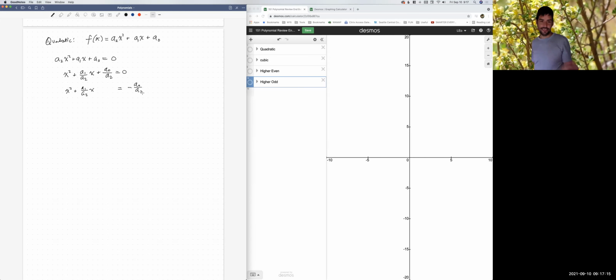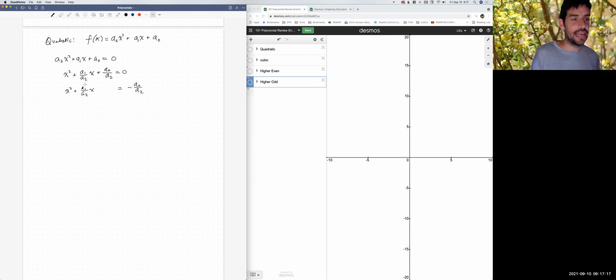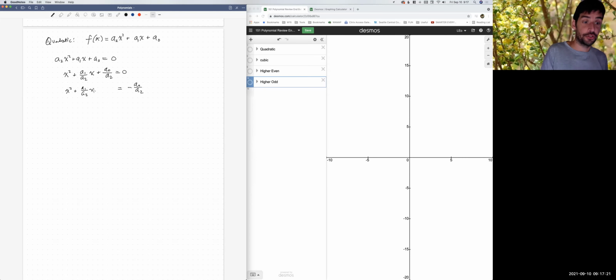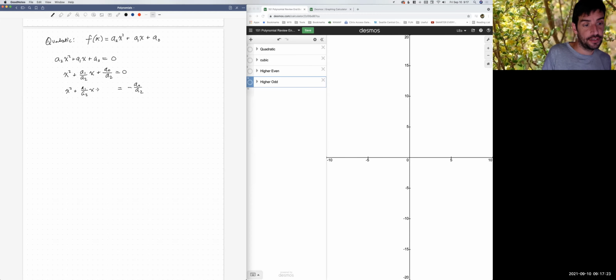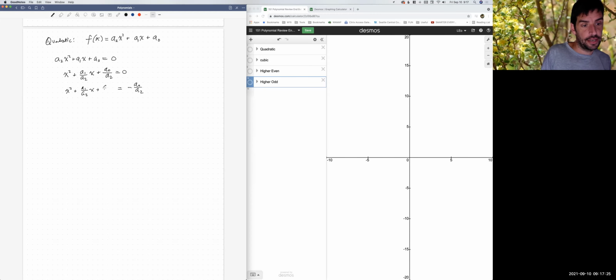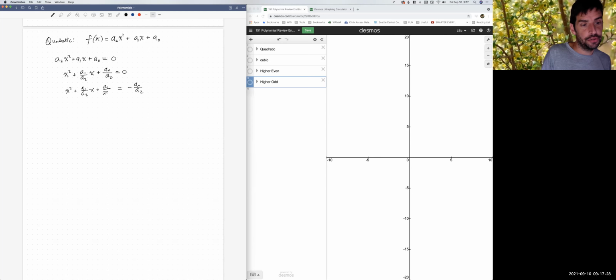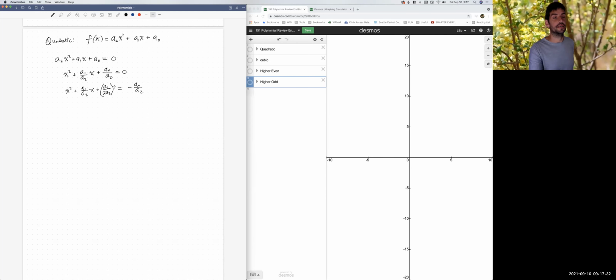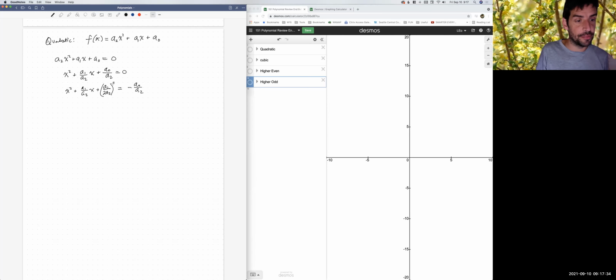And now I'm going to add the same thing to both sides. What I'm going to add is half of the coefficient of x and then square it. So if I take half of this, I'll get a1 over 2 a2, right? If I double the denominator, I make the fraction half as large, and then I'm going to square it.